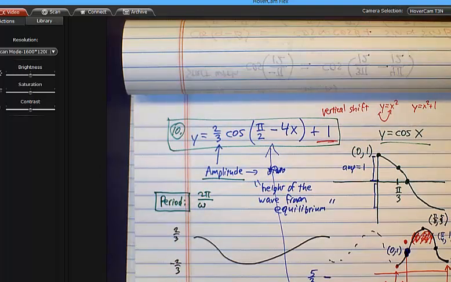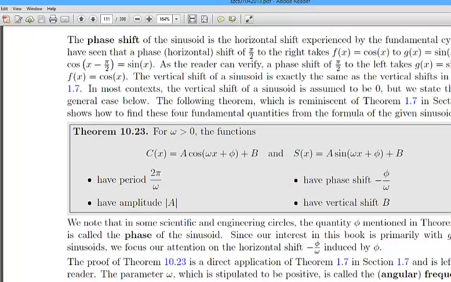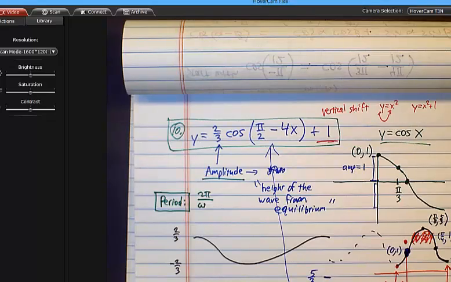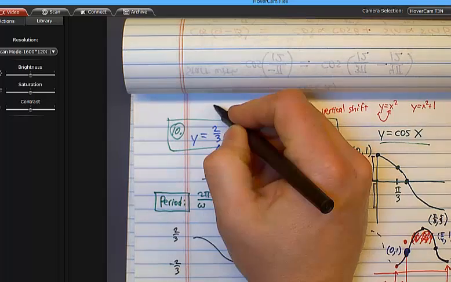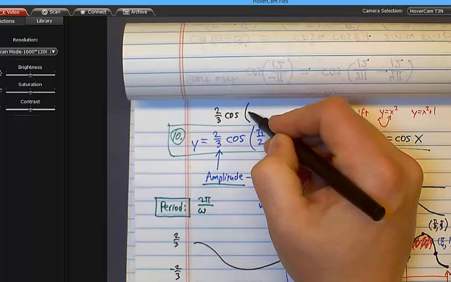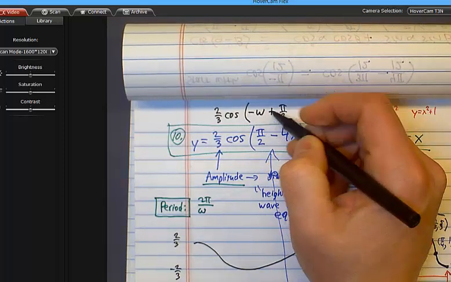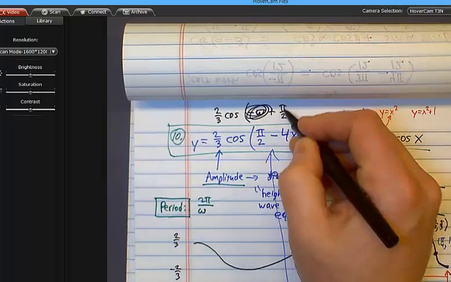But wait a minute, what's omega in the formula? Omega is the number in front of x. You see that? So we have to be careful about how the problem's written. Some of you would take this problem, and if you want to make it look like the formula, you could write it as 2/3 cosine of negative 4x plus pi over 2.